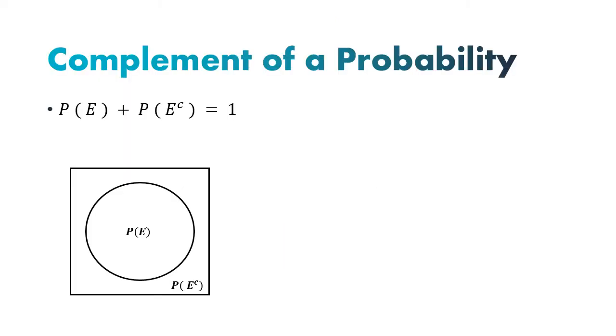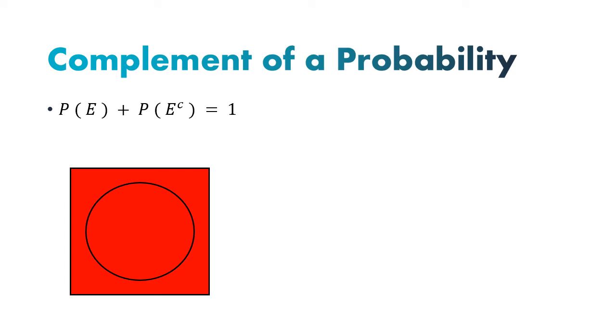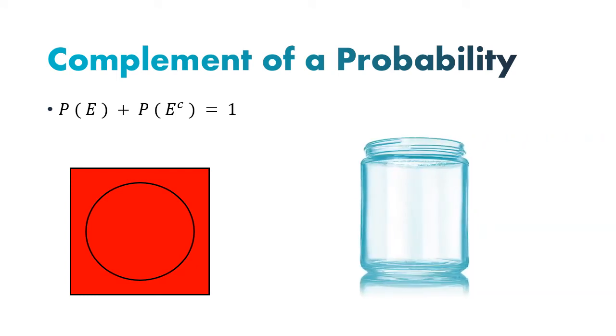Complement of a probability: the probability of the event plus probability of the complement of the event is always equal to 1. If we have a jar, suppose we have 4 red marbles or balls, and now we're going to take 5 blue marbles or balls.